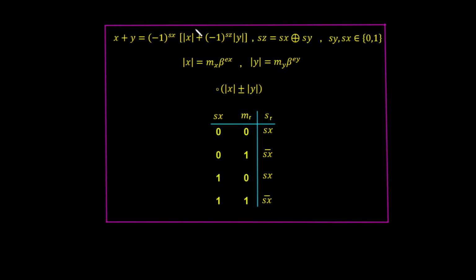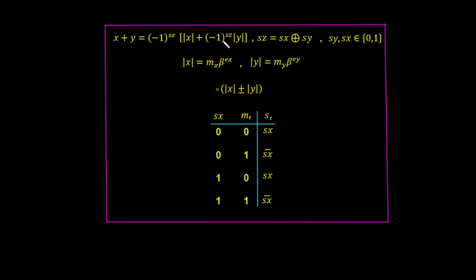If the value inside the bracket is positive, then we know that the sign is just going to be given by the sign of x. But if the value inside the bracket is negative, it means that the sign is going to be given by the negation of this sign of x.